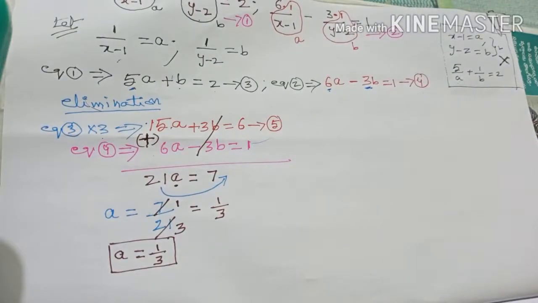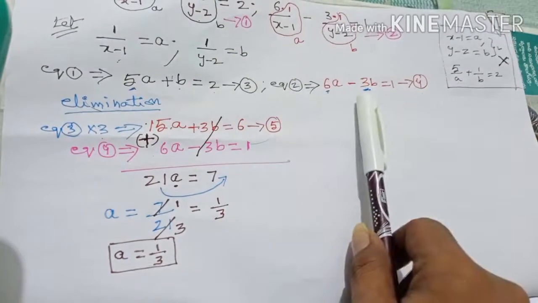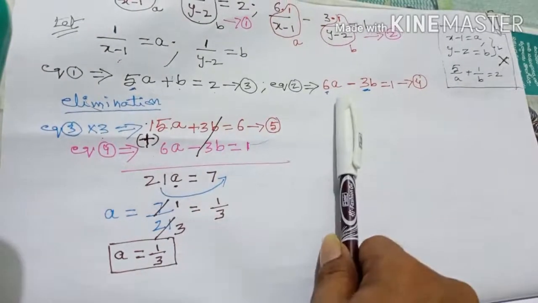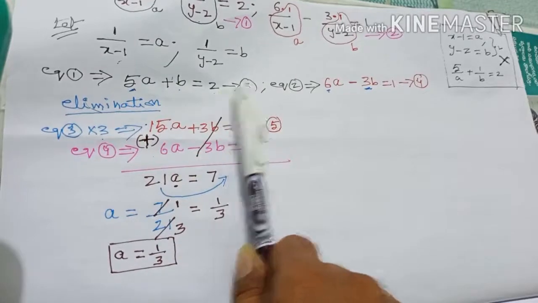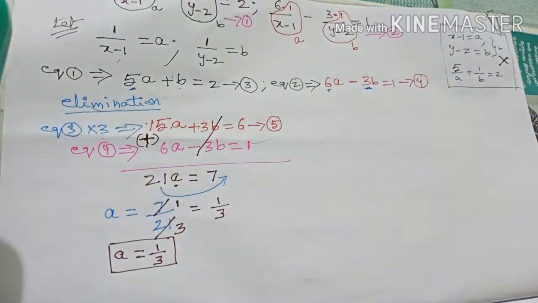Another method is to eliminate the a terms from these two equations, then you will get b. To eliminate a, as previously I said, this equation is multiplied by 6 and this equation is multiplied by 5. So you have to multiply both equations. It leads to a long process.